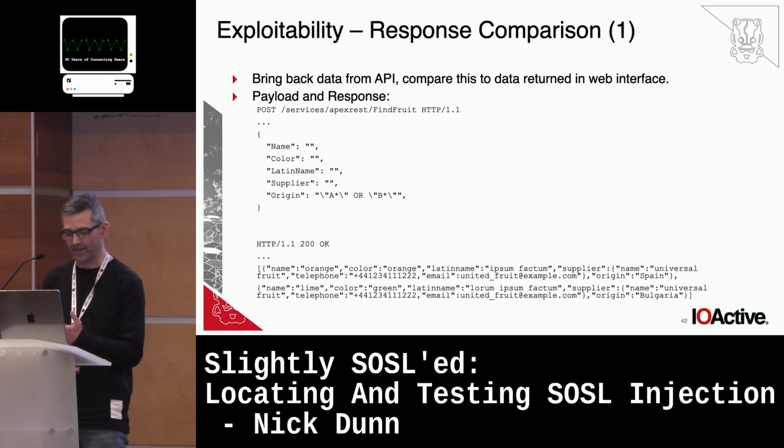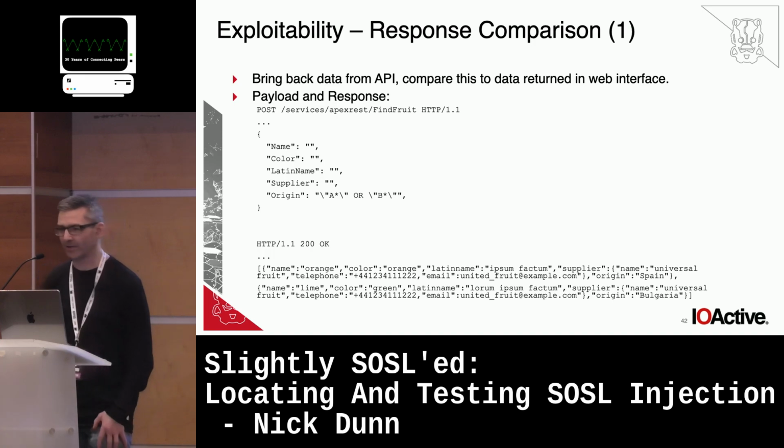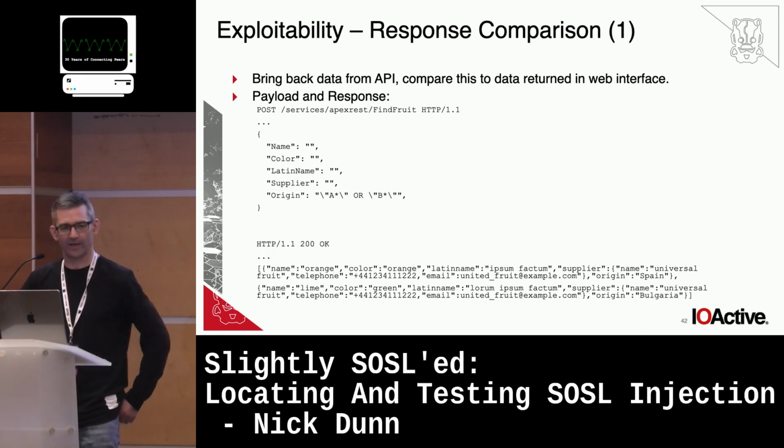For an API response, this is obviously a fictitious fruit searching API, not any real clients. But successful search results for that kind of SOSL payload would bring back the query results like that.